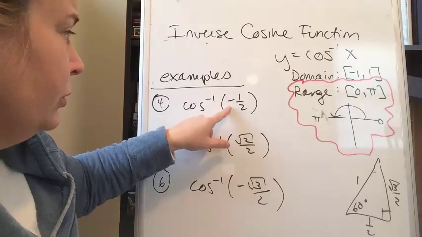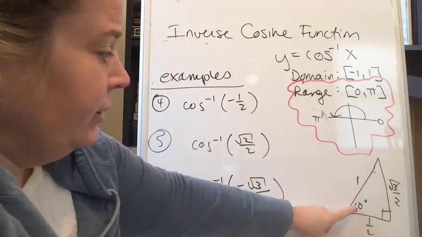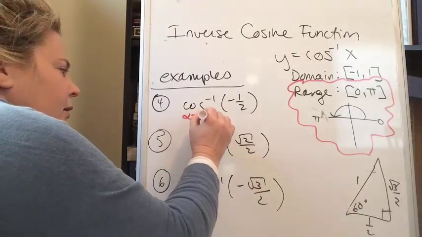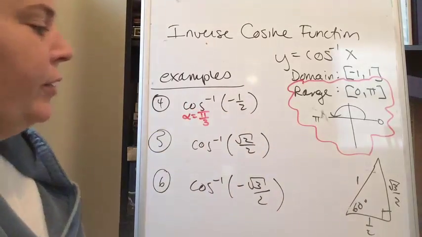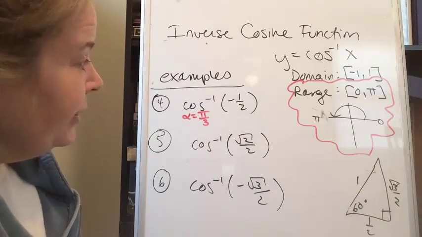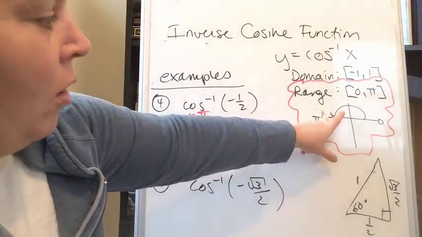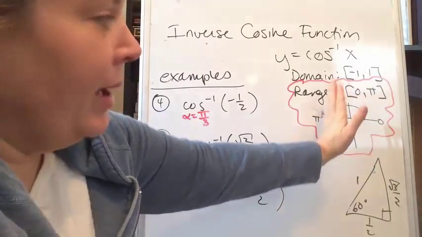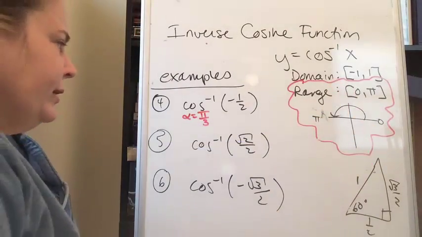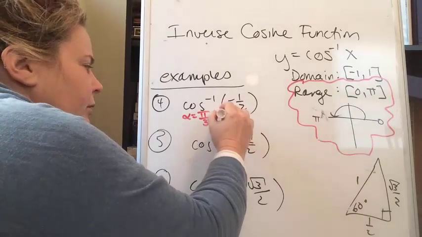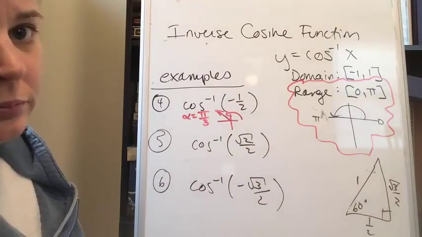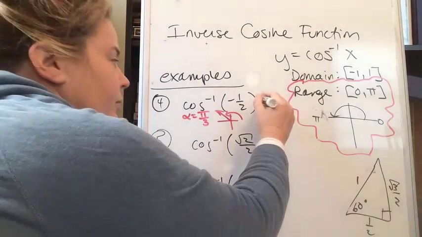Cosine is equal to 1/2 at 60 degrees, right? So the reference angle is pi/3. However, it's negative, so all negative answers will be in the second quadrant, said in the positive direction. So what is the angle in the second quadrant with a reference angle of pi/3? 2 pi/3.